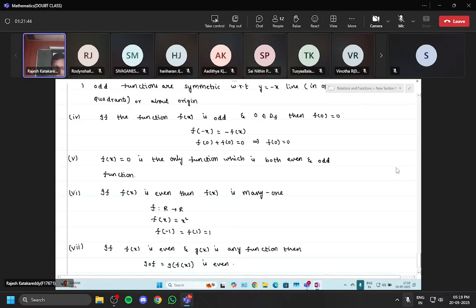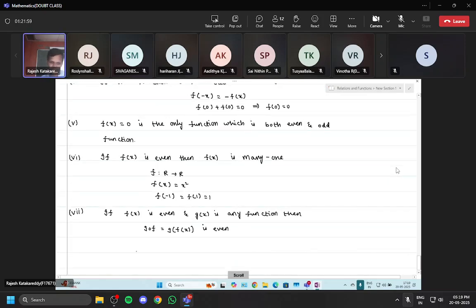This is true whether g of x is even or g of x is odd. If the composition we are doing, in that case, the inside function should be even. If it is even, then it is even, right? So g, we don't know, g of minus x may or may not be equal to g of x.